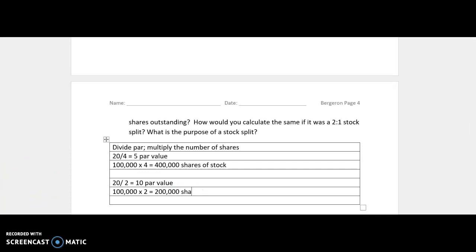And if we say the number of shares times par, we're still going to get 2 million. So it doesn't change the total value of our stock, but it does make our par value go down and the number of shares go up. And if you had a market value here, you would do the same thing, divide by 4, because in the market, if this happened, it would drive it down.